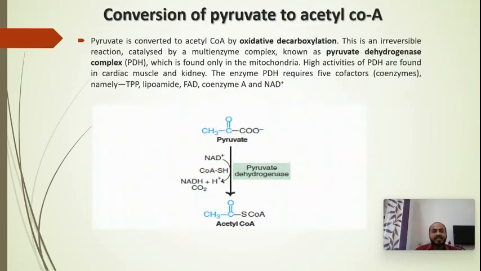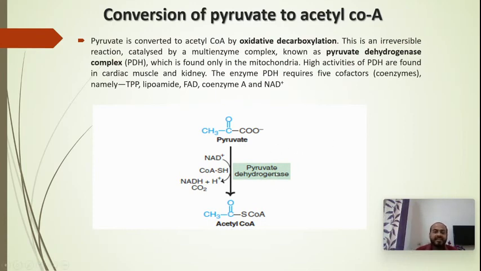So first we'll see how pyruvate is utilized as the start of the TCA cycle. Here we can see that the end product of glycolysis, that is pyruvate, is converted into acetyl CoA in the presence of the enzyme called pyruvate dehydrogenase.